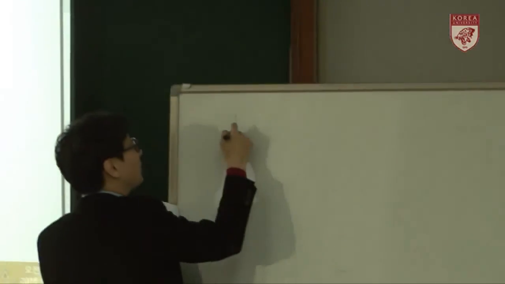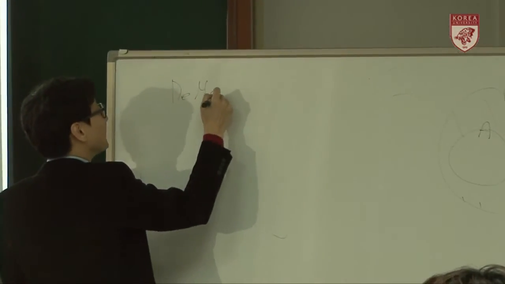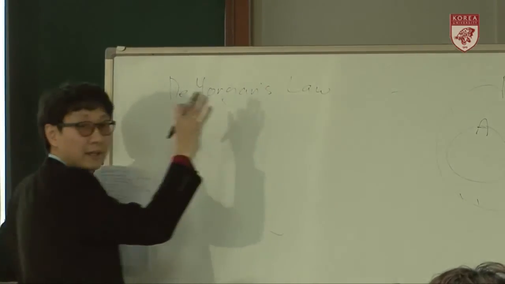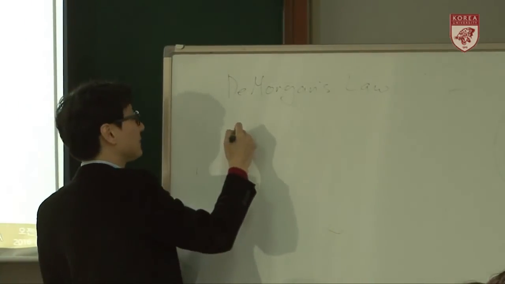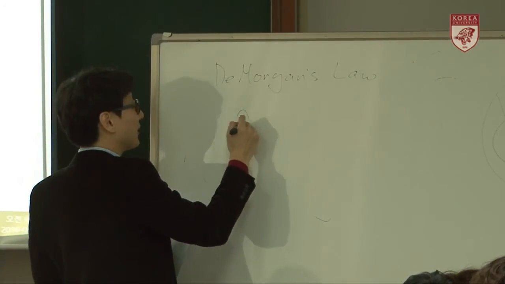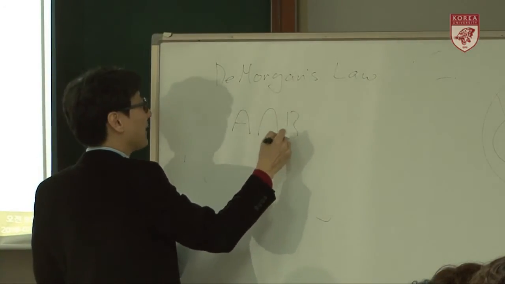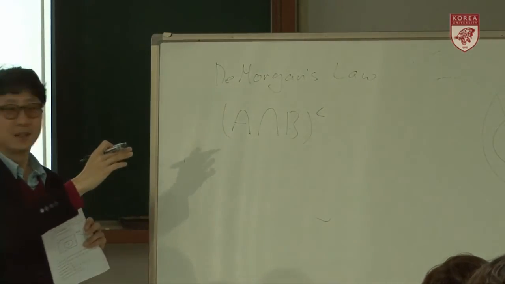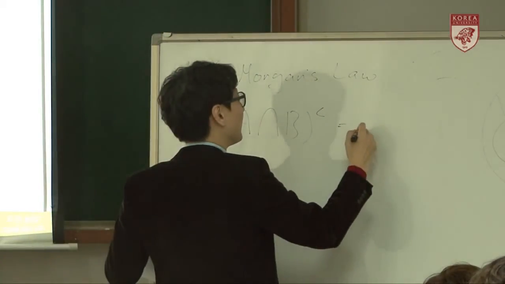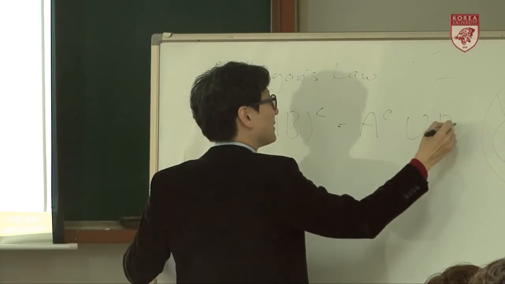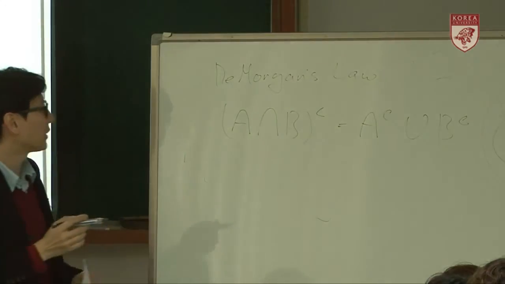De Morgan's law in the set theory is the complement of the whole intersection of A and B is equal to complement of A union complement of B. This is the De Morgan's law.